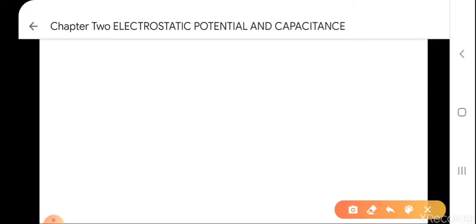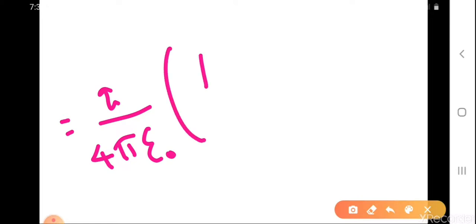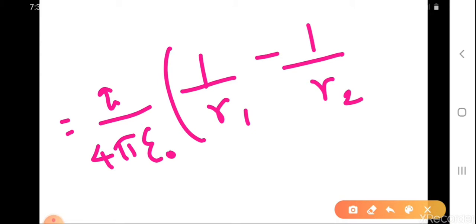Next step, if you add, you can take the constant out. q by 4 pi epsilon naught into 1 by r1 minus 1 by r2. That is written as equation number 1. Look at equation number 1 in your notebook. It is correct, no? q by 4 pi epsilon naught into 1 by r1 minus 1 by r2.